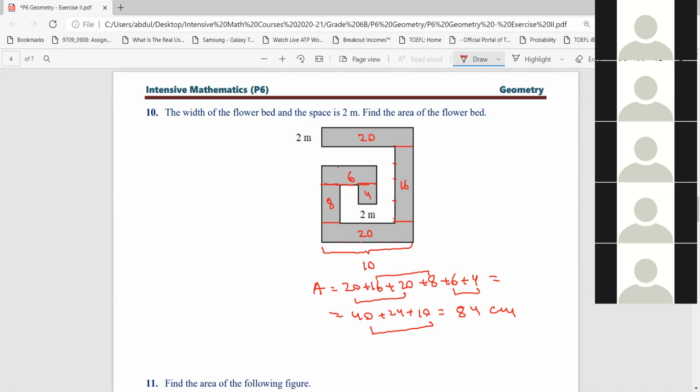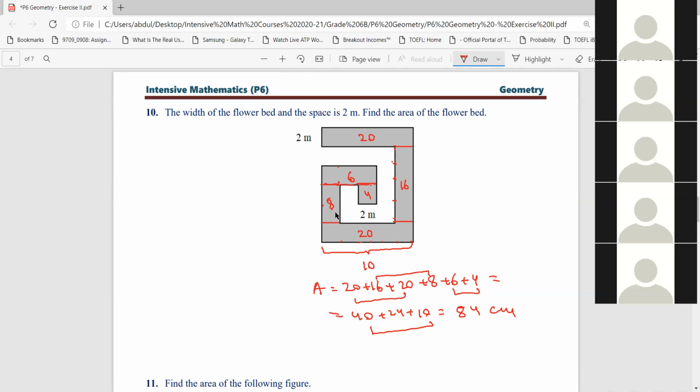It is 2, right? It is 1, 2, 3, 4, 5. It is 10. 10 times 2, 20. Okay. 1, 2, 3, 4. It is 8. 8 times 2, 16. All right. This one is 4 times 2, 8. This one is 1, 2, 3.